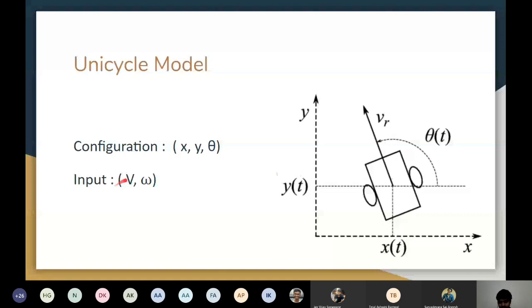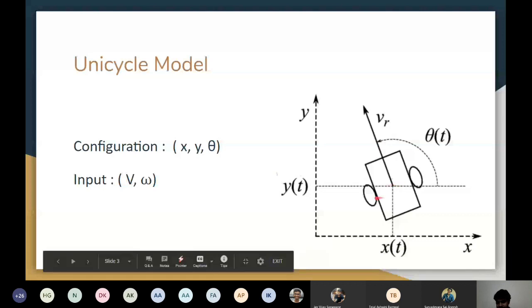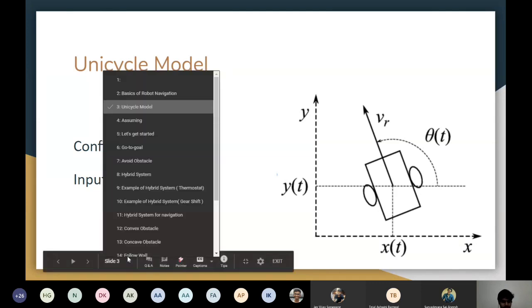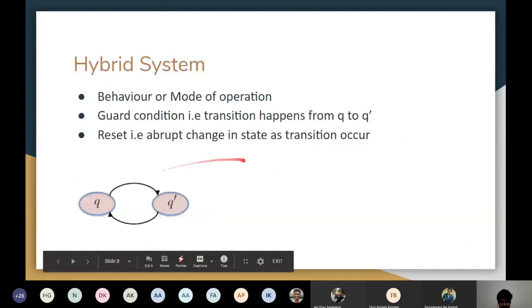Now, as I told you, at the same time I could have been controlling my VL and VR. But we are trying to control it through V and omega. So this was to tell you that there are different possibilities of input for the same system. So suppose I reset, like I go from one particular behavior to another. A situation might arise that I have to take a transition of my state.